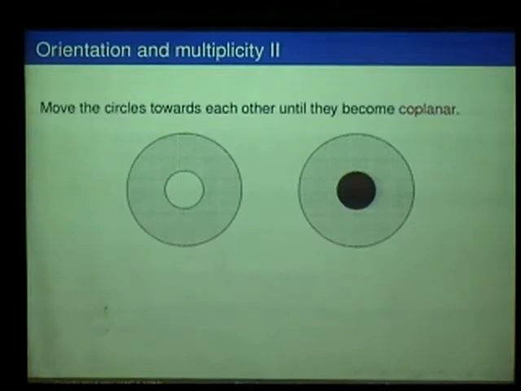If you do it on the left, when you move the top circle towards the bottom circle, when they become coplanar, the minimizer is converging to a corona, whereas if you do it on the right, the minimizer is converging to a smaller disk which is superimposed on a larger disk. Okay? So therefore, if you want some kind of stability for the solution of the Plateau problem, what you discover is that you have to count the inner disk twice, right?